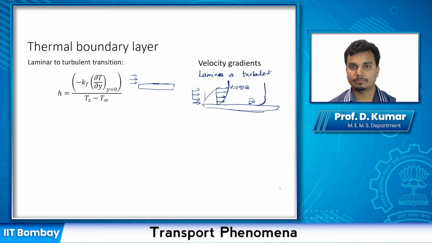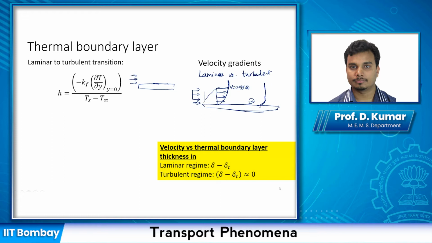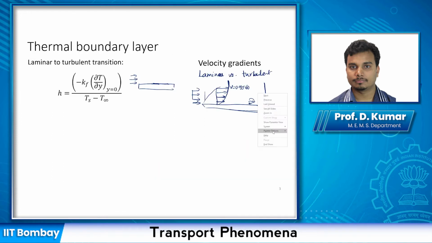The boundary layer thickness still increases because of this mixing. The slower fluid packets are also getting mixed into the bulk, so the effect of friction is felt even farther in the bulk. Because of that, the boundary layer thickness increases, but at the same time, close to this interface you will have a very steep gradient in velocity.